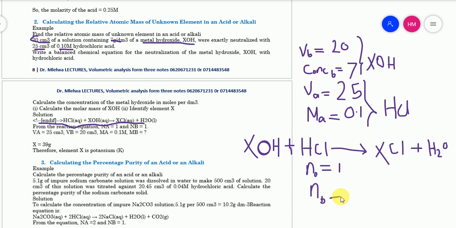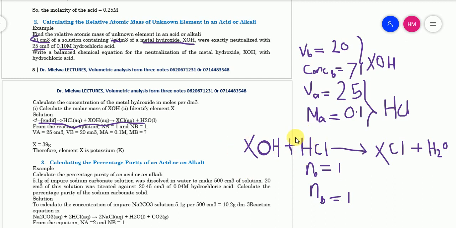Don't worry if you don't know how to calculate these; you can view my previous lectures, but if you don't have time, we just look at the balanced chemical equation and the number before X. So here it is 1 and here it is 1 if you balance it.